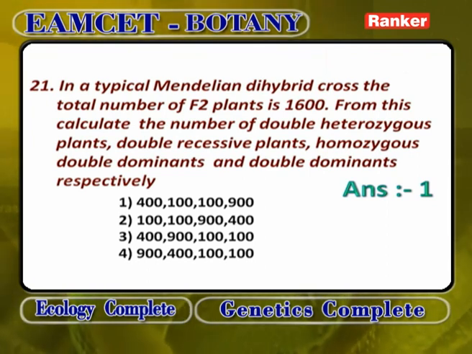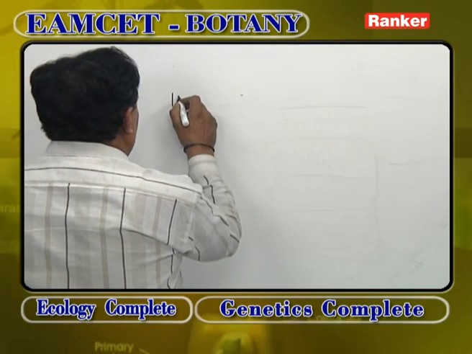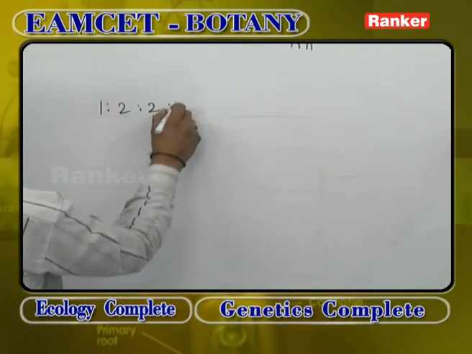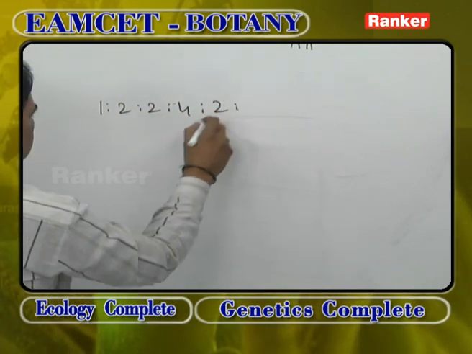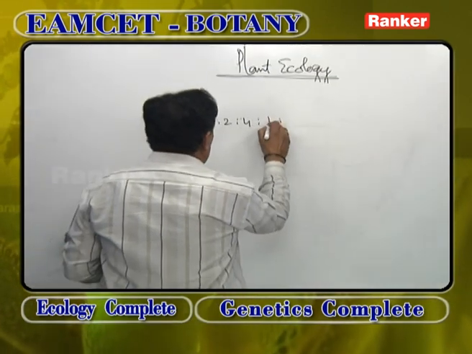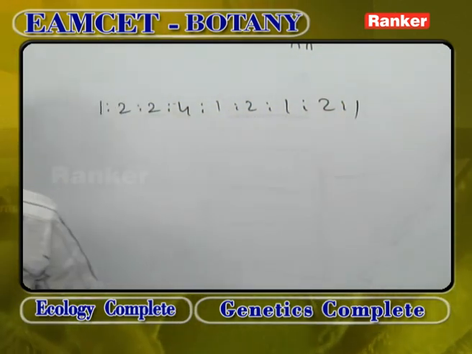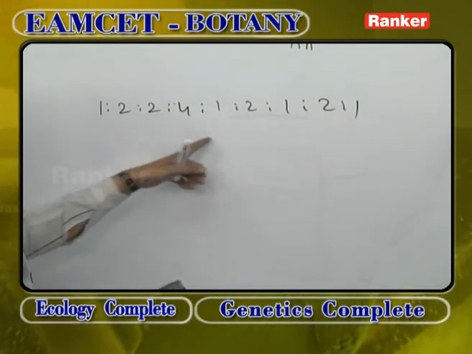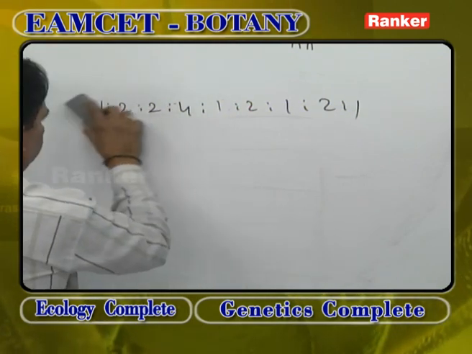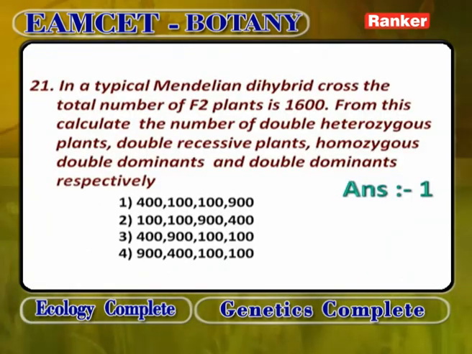Double recessive means small y, small r, only 1, so 100. For homozygous double dominants, you have to remember the phenotypic ratio 9:3:3:1 and the genotypic ratio 1:2:1:2:4:2:1:2:1. You have to remember this and the combination of genes, then you can write this type of questions.